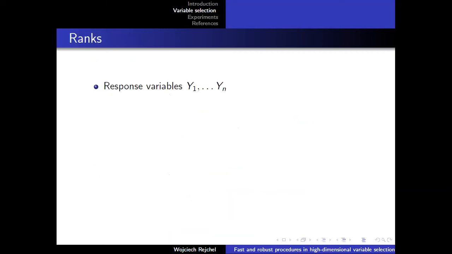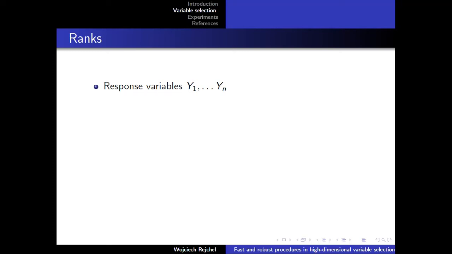And our proposition is quite simple. It is related to ranks. Ranks are very well known, and they were used in non-parametric statistics many times. They are robust, of course. They were used, for instance, to develop Wilcoxon tests and other procedures.